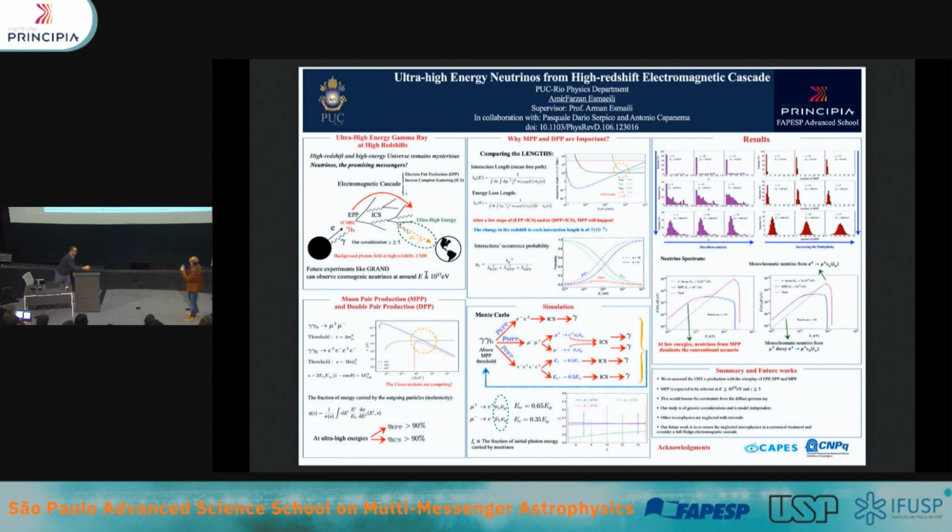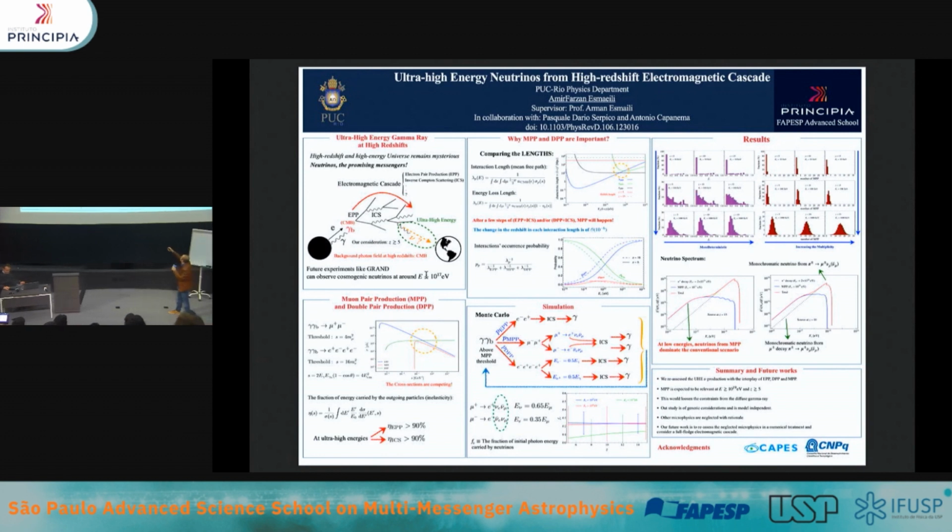And then if you calculate the effect of the muon pair production and double pair production in the cascade with the Monte Carlo simulation, you will see that a non-negligible fraction of the energy is going to neutrinos, around 24% of the initial energetics.